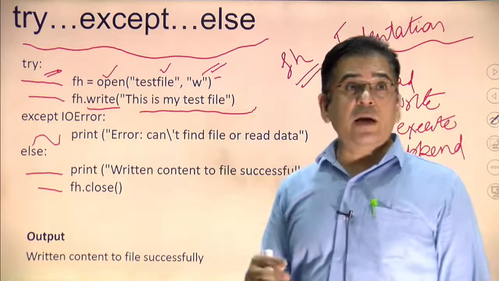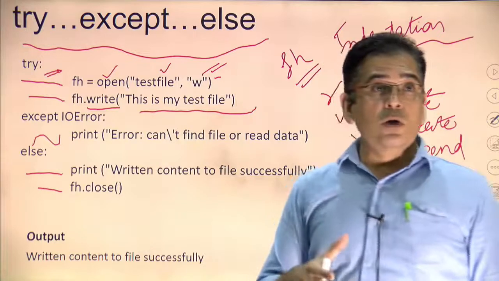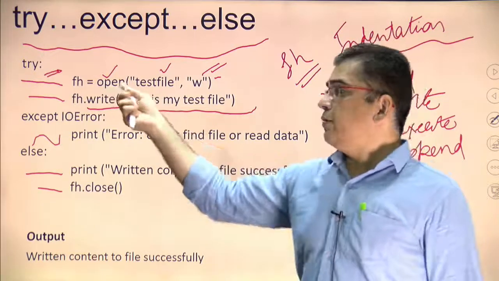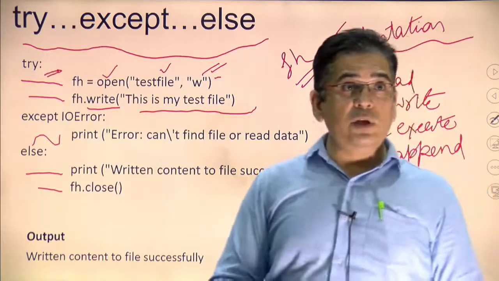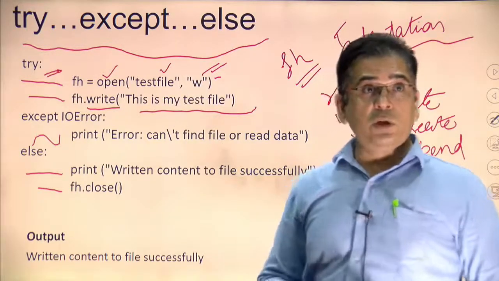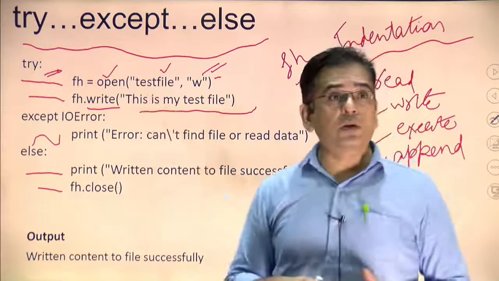But if there is an error in opening the file in write mode, meaning the file is locked with read-only permission, in that case this line will create an error, because the file is locked with the read permission and I am trying to open the file with the write permission, or even the file does not exist and the creation of a blank file is not possible.